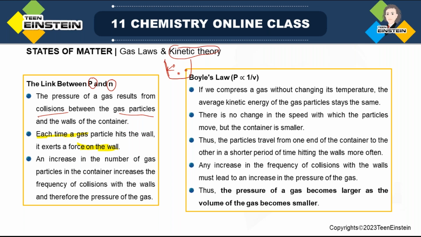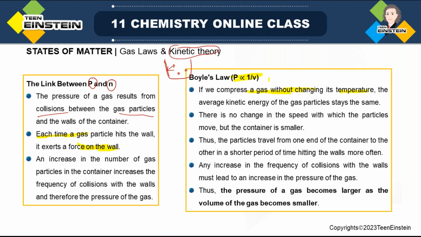Next we'll see Boyle's law. We know that pressure is inversely proportional to 1 by V, but how can we explain it on the basis of kinetic theory? That we will see now. So this relationship we already know. Now when we compress a gas, that means we are increasing pressure without changing the temperature. That is the condition of Boyle's law.